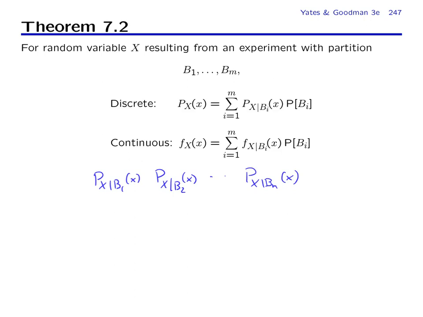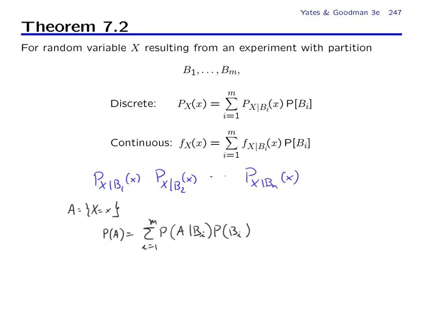For example, if x is discrete and A is the event that x equals x, the discrete version of the theorem says that P of A is equal to the sum from i equals 1 to m of P of A given Bi times the probability of Bi. This is just the law of total probability from chapter 1.